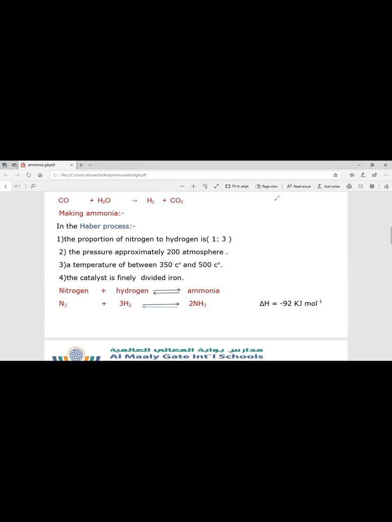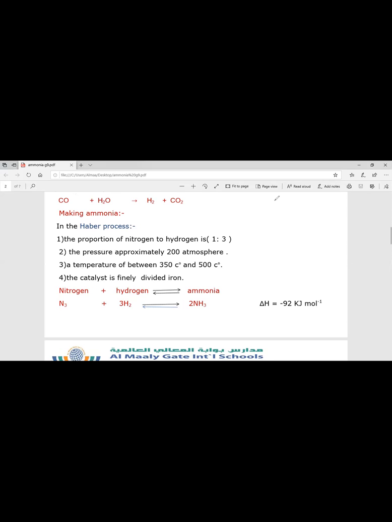N2 plus 3 H2 gas, reversible, this means a reversible reaction, produce ammonia, 2NH3. This reaction has delta H equal to minus 92.